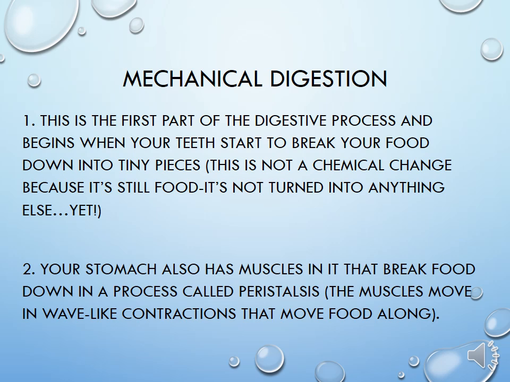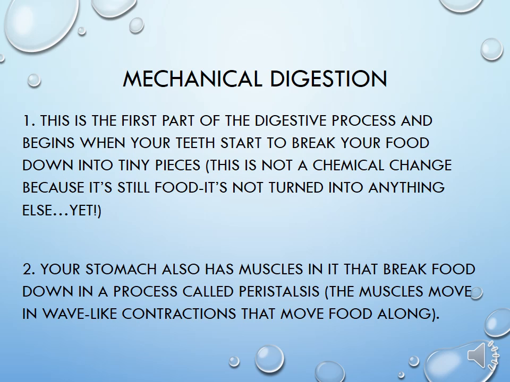It's the same thing. So physical digestion is the same as a physical change. It doesn't actually change your food, change what it's made up of. It just changes maybe the size that it is. Whereas chemical digestion is like a chemical change. It actually changes what your food is made of.